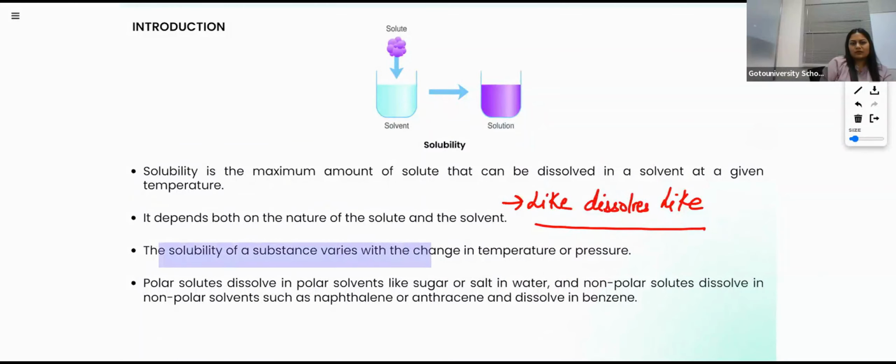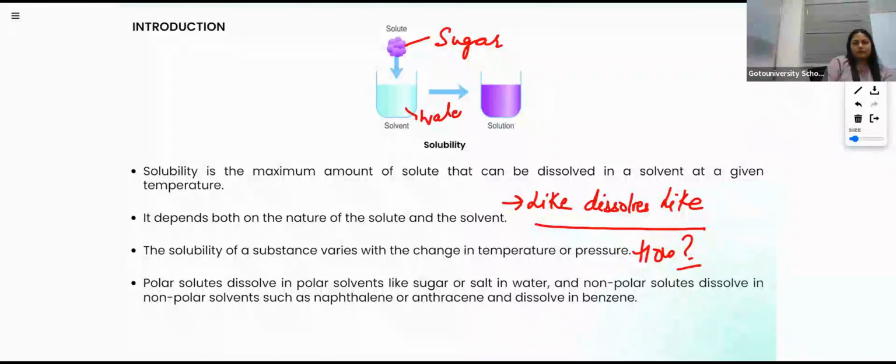So solubility of a substance varies with the change in temperature and pressure. How? Say this is sugar, okay, and this is water, and here we are having sugar solution, okay. If we apply temperature to this solution, if we are heating sugar and water, what will happen?